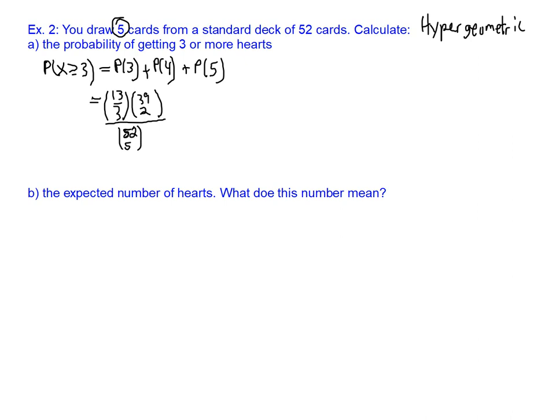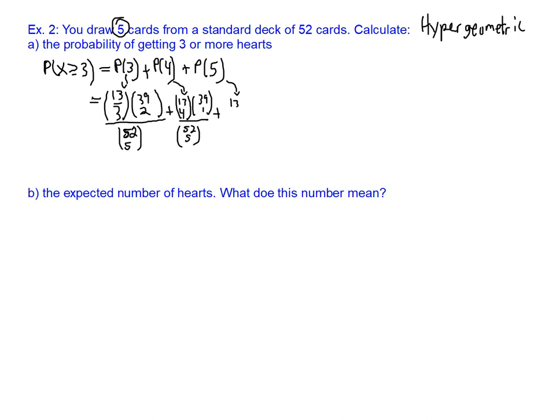So this is just for 3, and then we need to do the probability of getting 4. So we just repeat the process. 13 hearts, we want 4 of them, which means that from the 39 cards that are left, we need to take 1 to round out our 5 card hand, and that's out of 52 choose 5. And then lastly, the probability of getting 5 hearts. Well, there are 13 hearts.